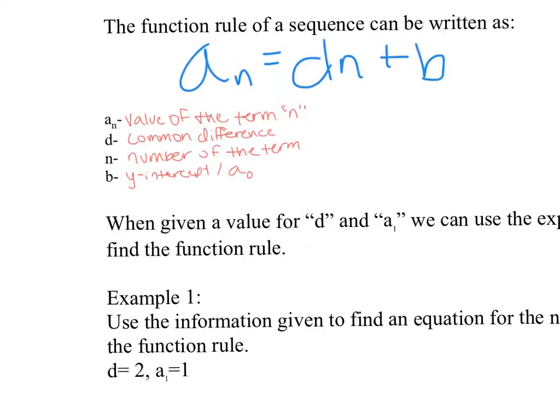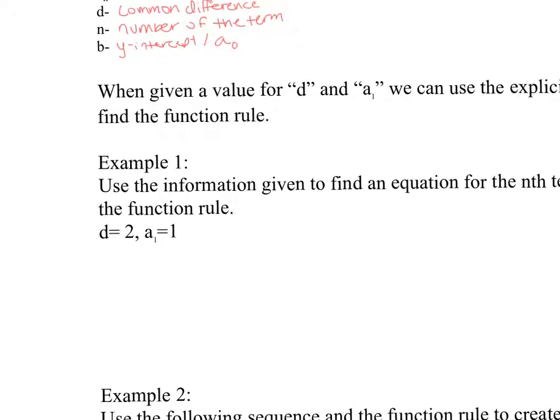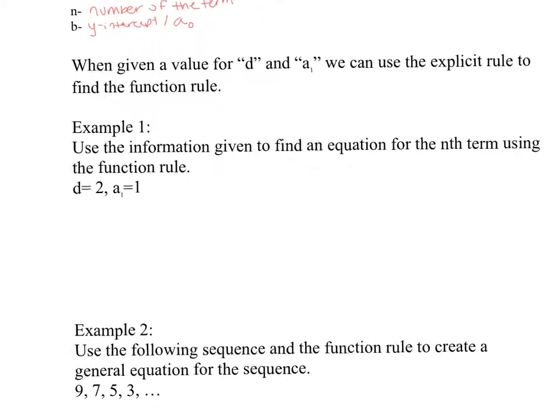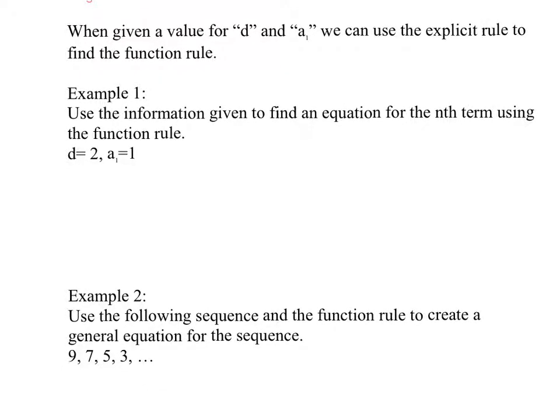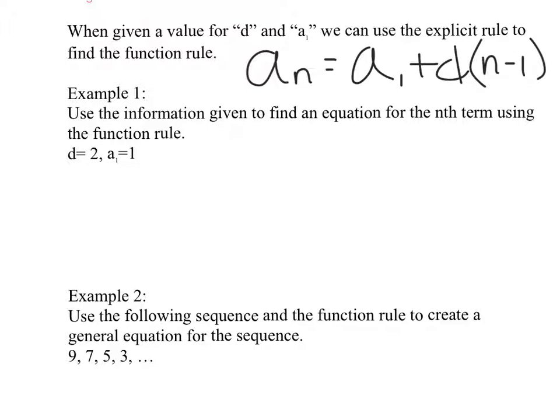So now we have our first example. When we're given a value for D and A sub 1, we can use the explicit rule to find the function rule. So our explicit rule, if you remember, is A sub n equals A sub 1 plus D times n minus 1.